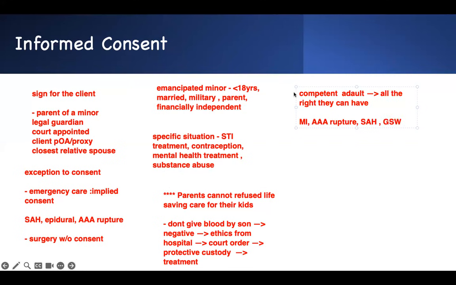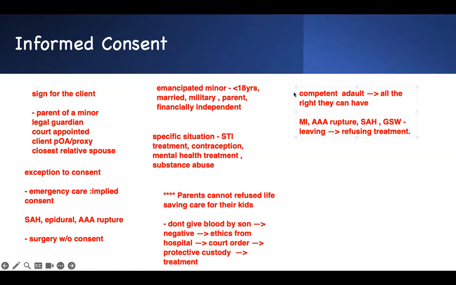If they say, leave me alone, I'm leaving, refusing treatment, please let them leave. Otherwise, it's forced imprisonment. So let them leave. They are competent, they have a bad injury, they sound normal.